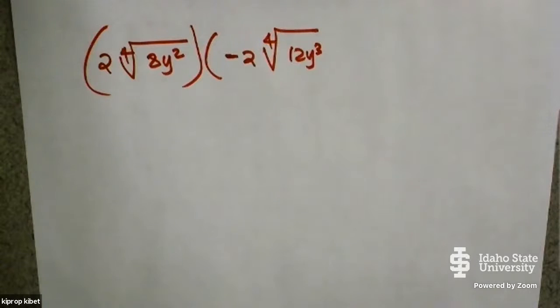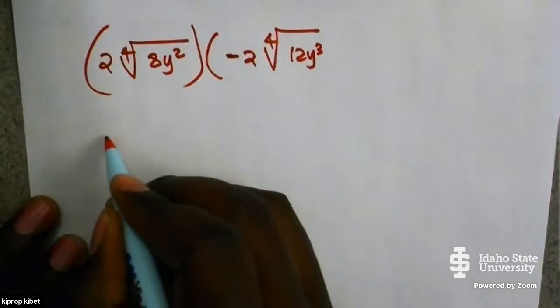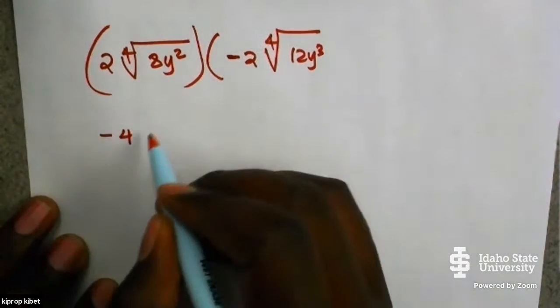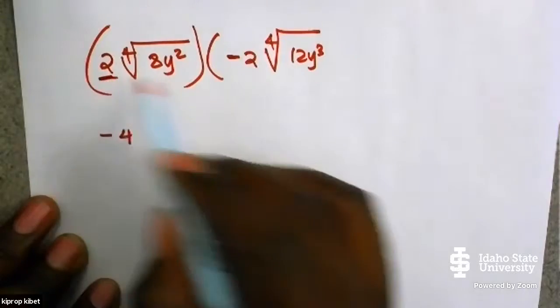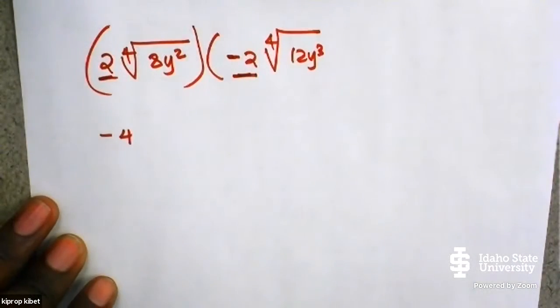Okay, so similar to what we've done. Multiply first this and this. So you get what? Minus 4, right? So this one and this one is minus 4.